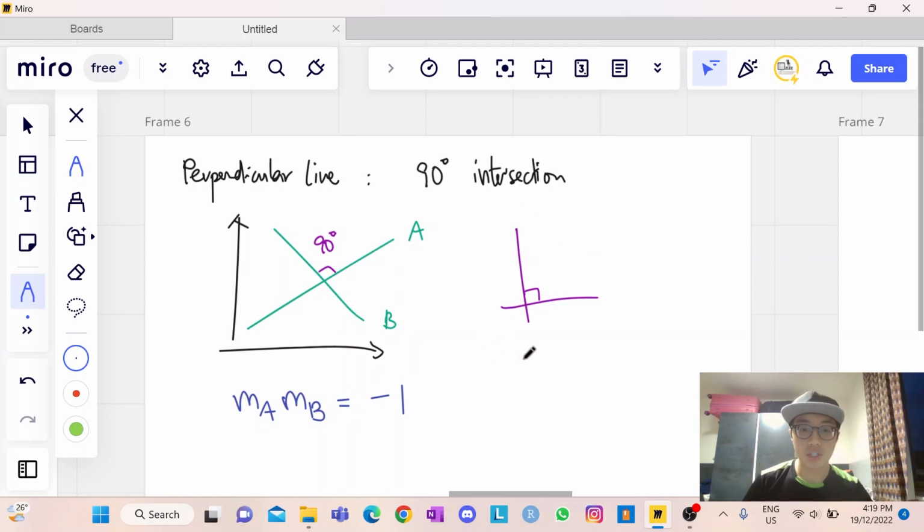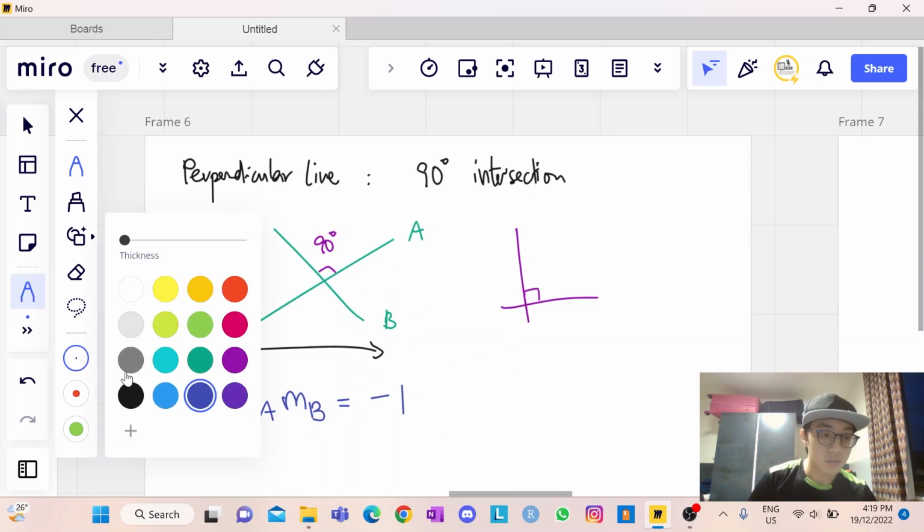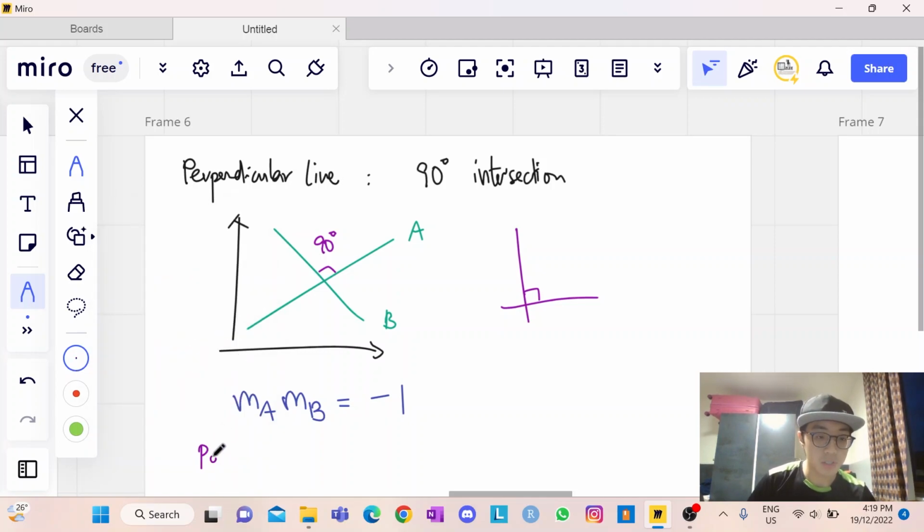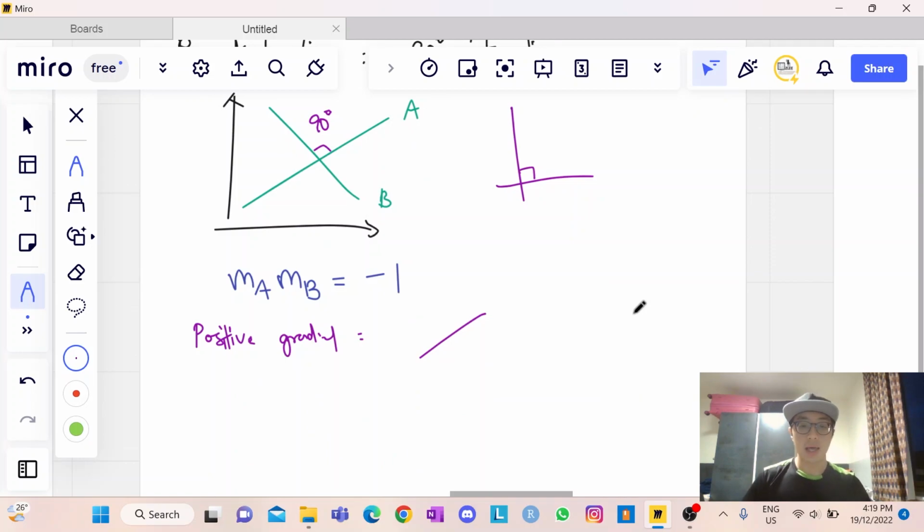Okay, so just a little small thing here about gradients. If we have a positive gradient, then your line will look something like this, because as x increases, y increases. This makes sense. Negative gradient goes the other way around, which is like this.